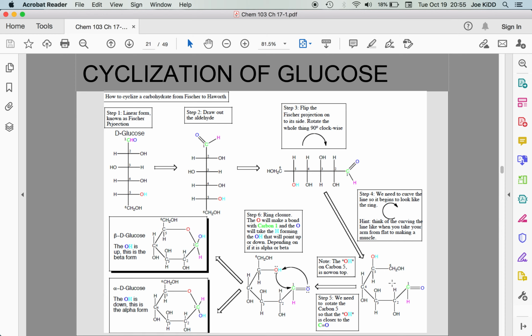Remember, these are all single bonds, so we have free rotation going on around the carbon bonds, allowing the OH group to get closer so that we can have a nucleophilic attack go on and basically close up the ring. And then depending on how the ring closed up, it will either cause the OH group down here, the H from here, and the O from here to either go down or up, and this will determine whether it is beta or alpha.